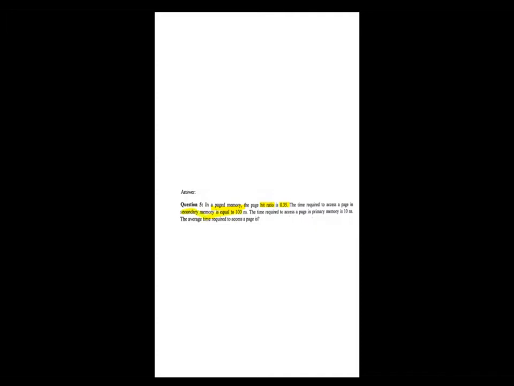Now we need to find out the time required to access a page in primary memory. The time required to access a page in primary memory is 10 nanoseconds, which is given already. So how do you solve this problem? Okay. Now look here.